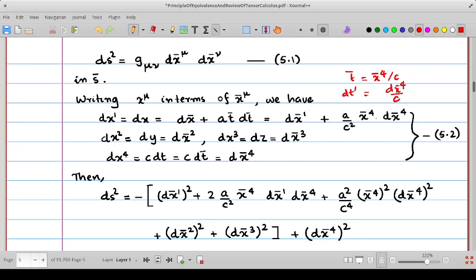So that is a by c square x bar 4 dx bar 4. We can do similar differentiation for dx2, dx3 and dx4, which is simply c times dt, which is dx bar 4.